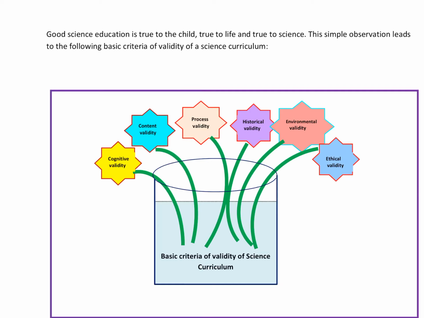So if these 6 validities are there in the curriculum, we can say it is a rational one. It's a very genuine, bona fide curriculum, very sound, logically and factually sound, and its quality is very good.